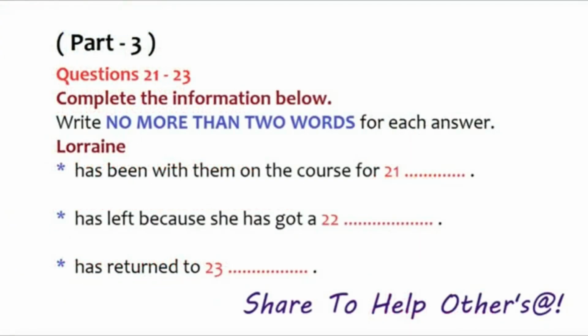Now turn to part 3. Part 3. You are going to listen to a conversation between a tutor and two students. In the first part of the discussion, they talk about a fellow student. First, look at questions 21 to 23.